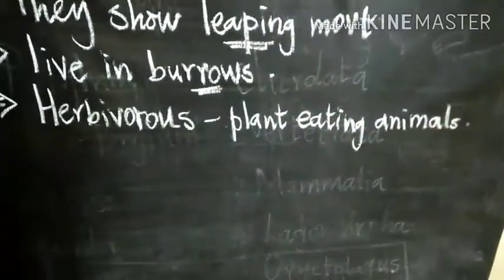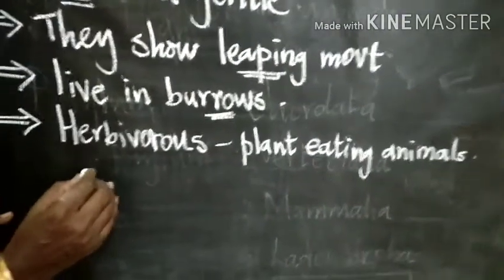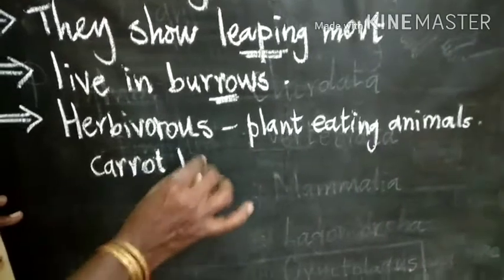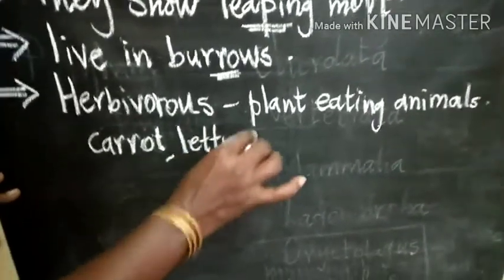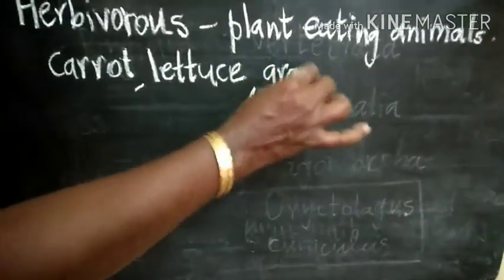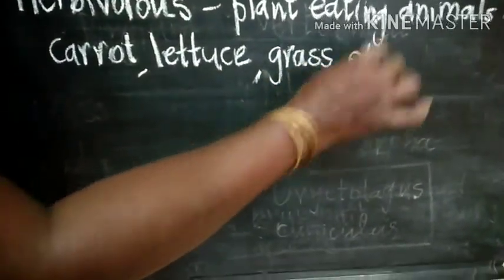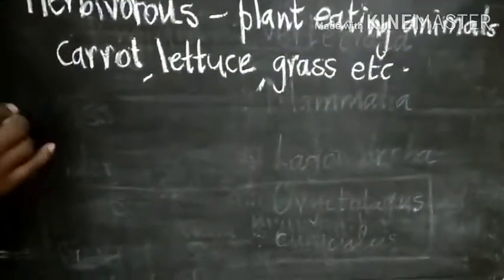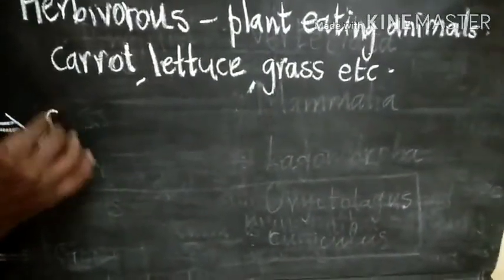Then what do they eat? They eat carrots, lettuce, grass, baby corn, etc. And they are gregarious animals.